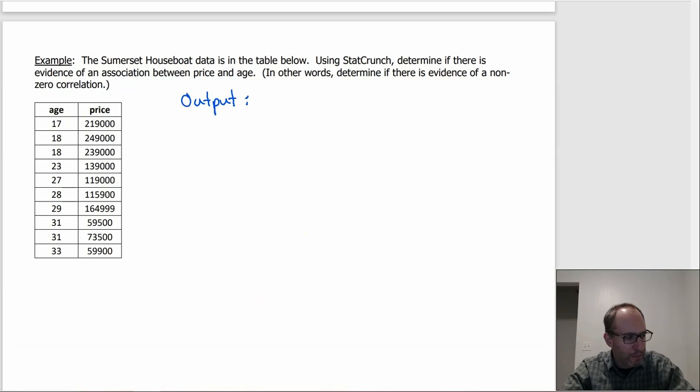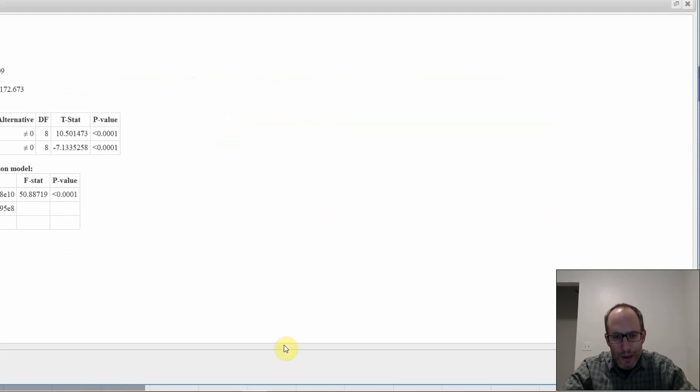So in the output, the dependent variable is price, and the independent variable is age.